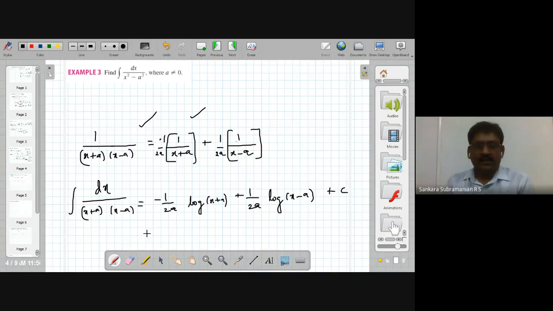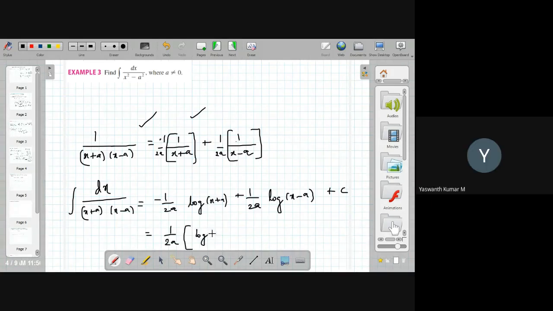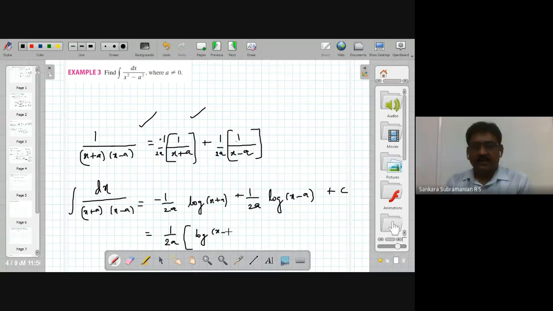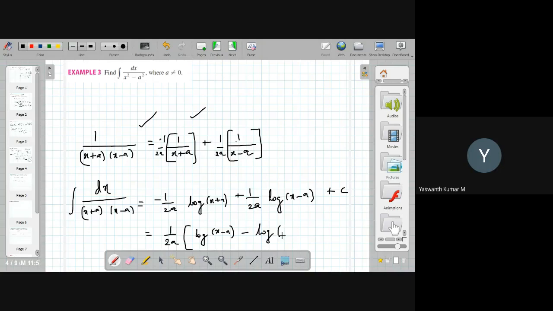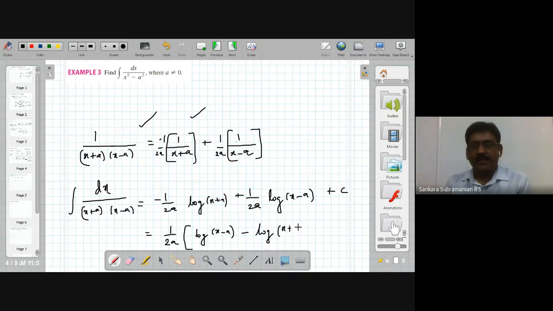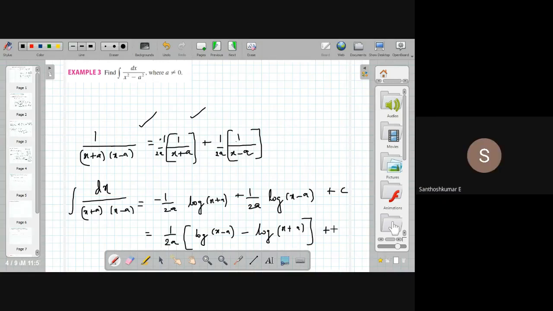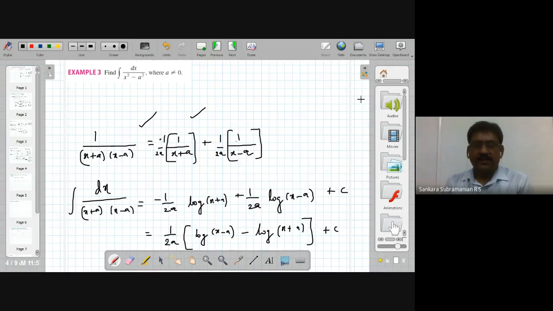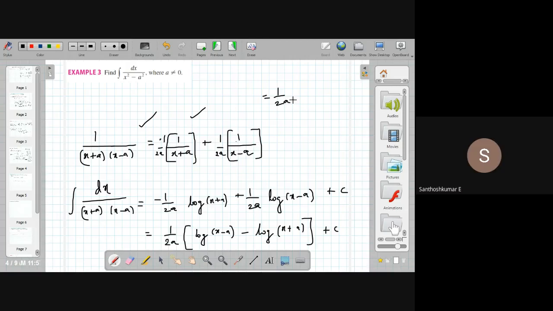Or you can say that 1 by 2a is common and take it out. So you get log of x minus a minus log of x plus a plus constant. Using log a minus log b equals log a by b, you can write it as log of x minus a by x plus a.